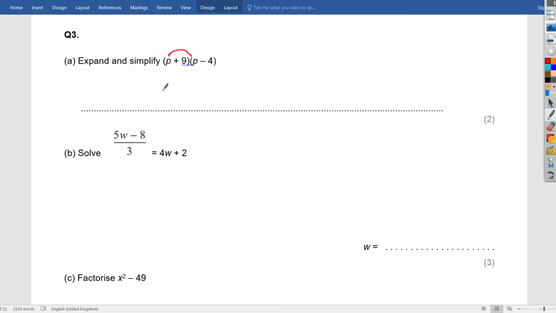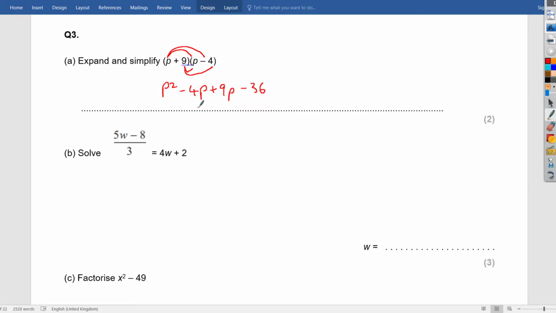So p times p is p squared. P times minus 4 is minus 4p. And 9 times p is positive 9p. And 9 times 4, 9, 18, 27, 36 is negative. That's minus 36.